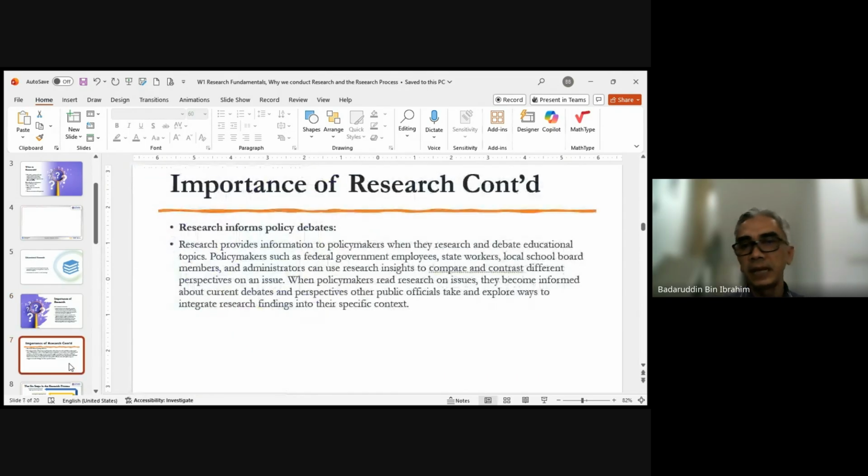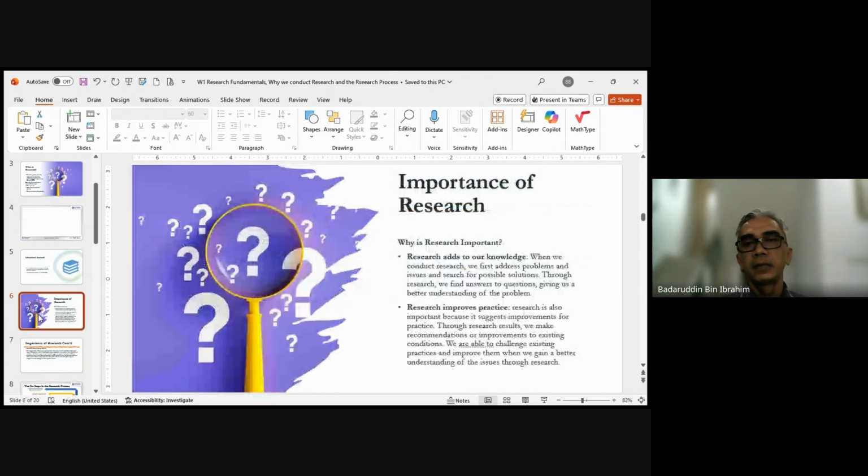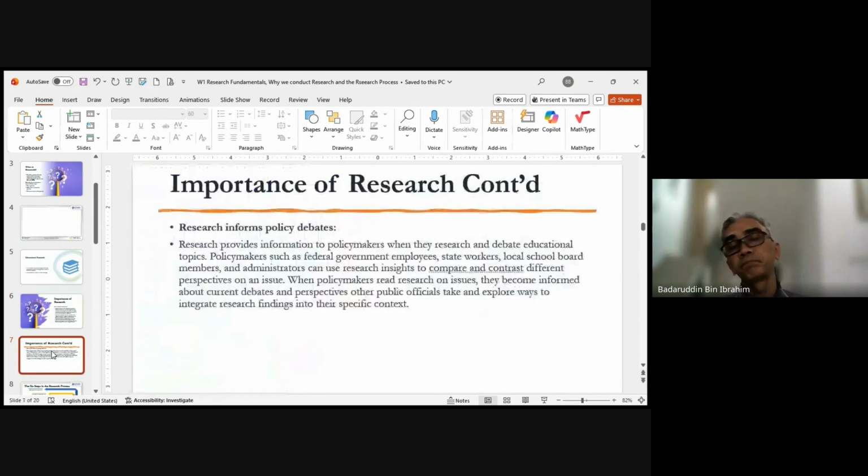So the next, continuing, and of course, finally, the research will inform the policymakers, inform the policy debates. Other than the first 2 points that I mentioned in the previous slide, related to the knowledge and the practice, okay, of course, the third one is about the policy.